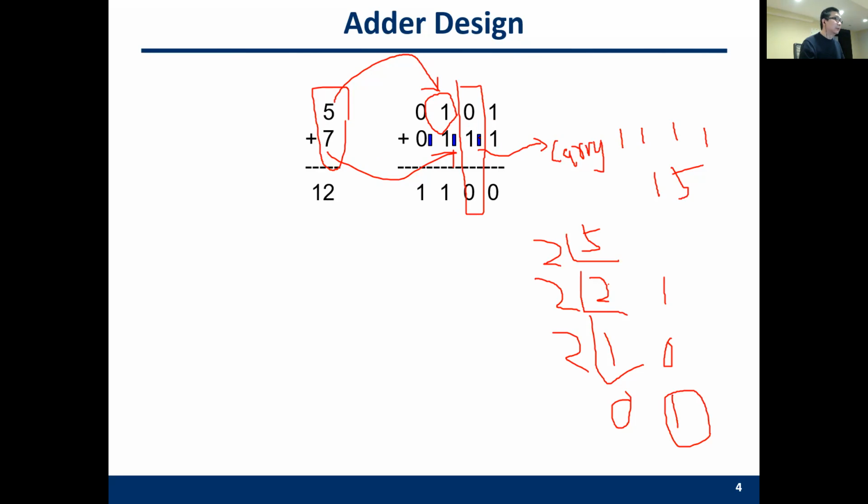So 3 numbers, and the result is still 0, 1. We still have a carry here. This is the so-called full adder. For the half adder, we do not need to consider carry in, but here, all these 3 bits have a carry in and a carry out. So we have to use a full adder. I will review what the full adder is in the following slide.